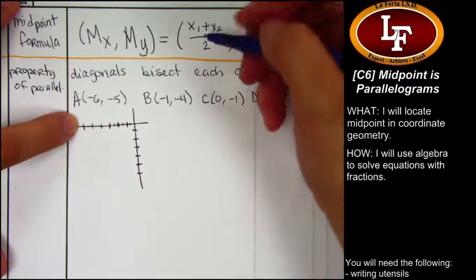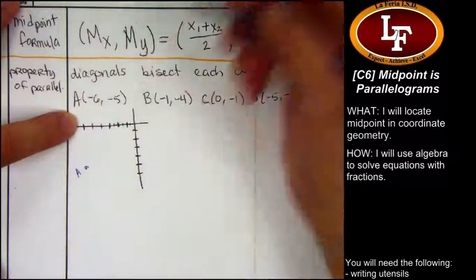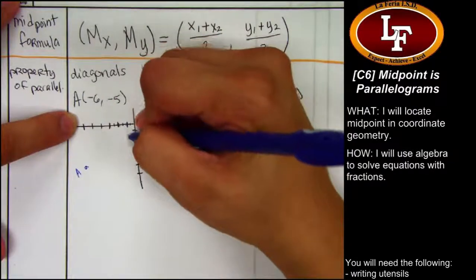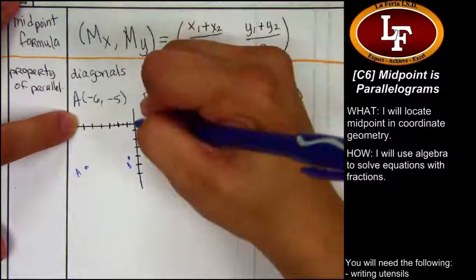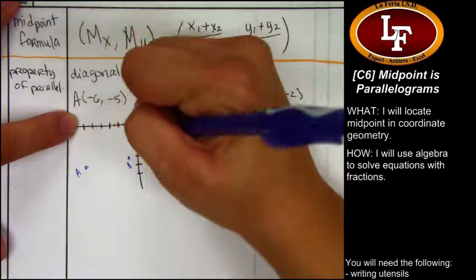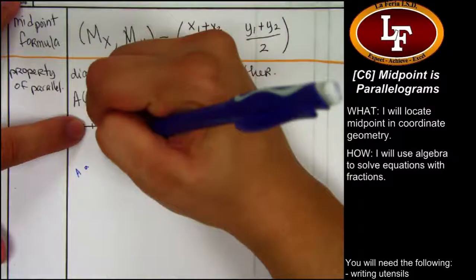I'm going to graph these. A is at -6, -5. There's A. B is at -1, -4. So there's B. C is at 0, -1. And D is at -5 and -2.